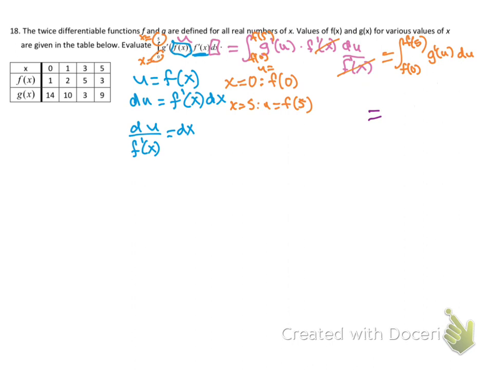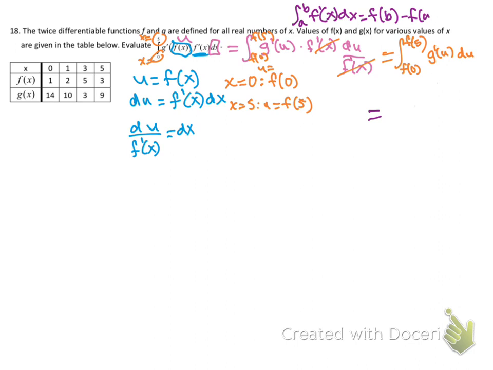Okay, so if you take a look at what we have here, you might notice something that looks kind of familiar, and that is a definite integral of a derivative. And if you recall, the fundamental theorem of calculus says that if we have an integral from a to b of the derivative of something, that's just going to be f of b minus f of a.